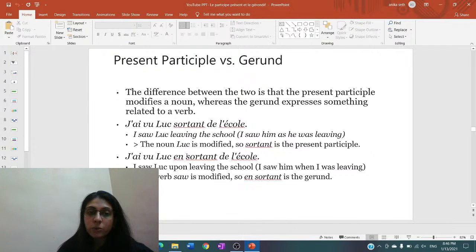I saw Luke while leaving the school. So what's the difference? I saw Luke leaving the school. I saw Luke while leaving the school. The difference in the two sentences is that in the first one, Luke was leaving the school when I saw him. And in the second sentence, I was leaving the school when I saw him.